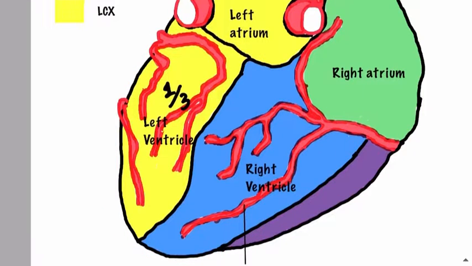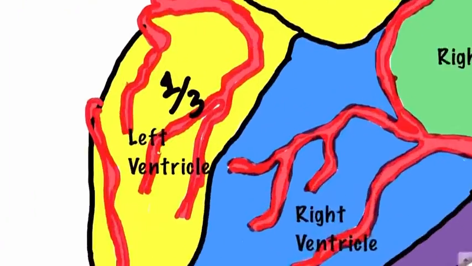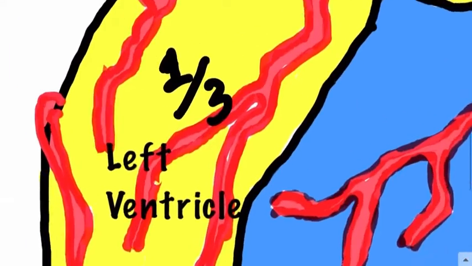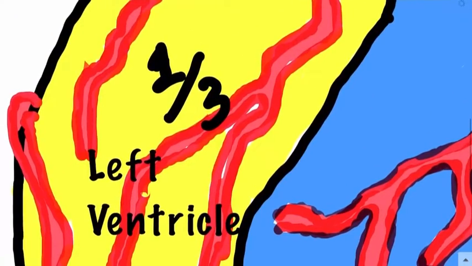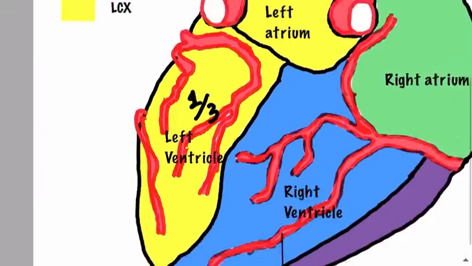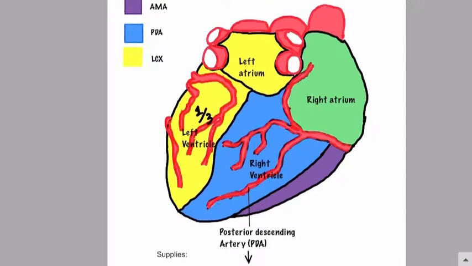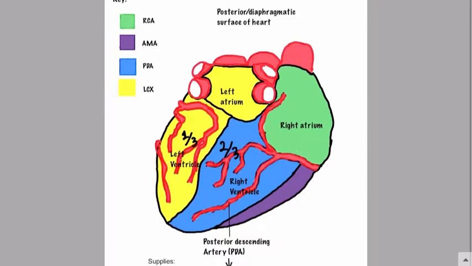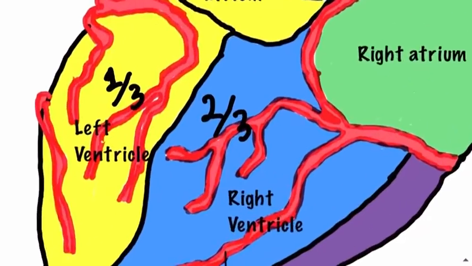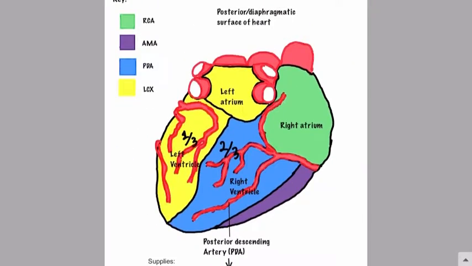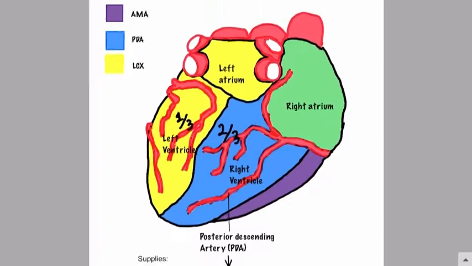The LCX supplies 1/3 of the posterior wall of the ventricles. The other 2/3 is supplied by the posterior descending artery, and the region of the heart supplied by the PDA is shown by the blue color.